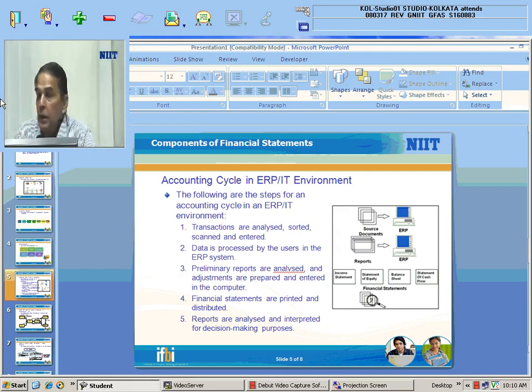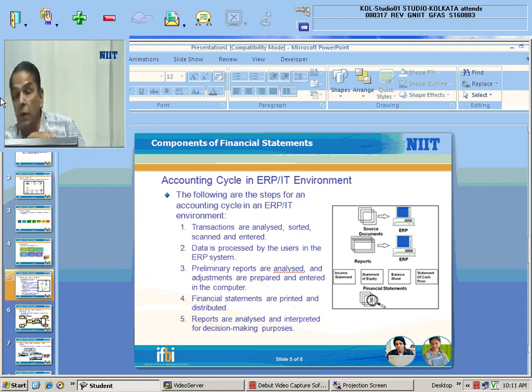Now, earlier I was talking about the traditional or conventional approach. Under that, what is the accounting cycle? Now, if you look at the IT environment today, ERP or IT environment, because most organizations today are not maintaining their books of accounts manually, but are using various kinds of accounting software or ERP software for recording purposes.